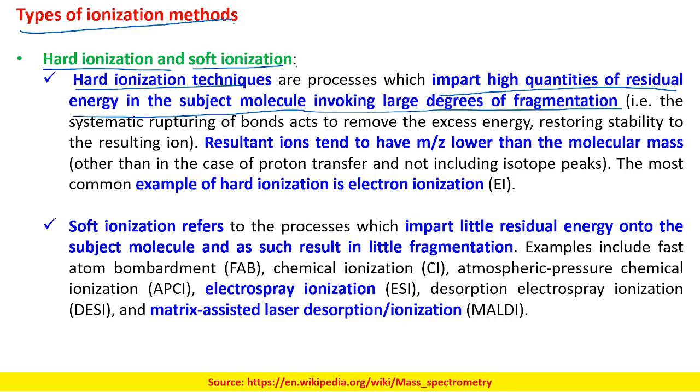So the resultant ions tend to have lower m/z, because if you are creating larger fragments, then basically you have lower masses than the molecular mass. An example of hard ionization is electron ionization, EI.